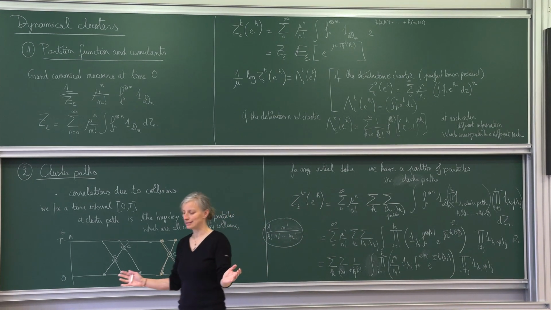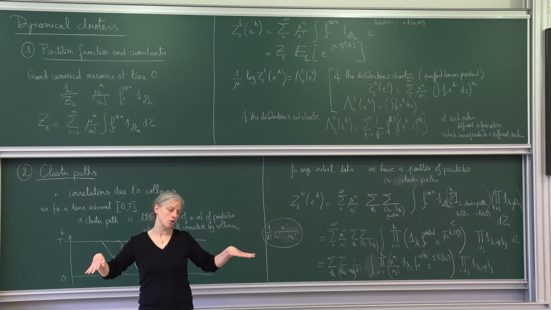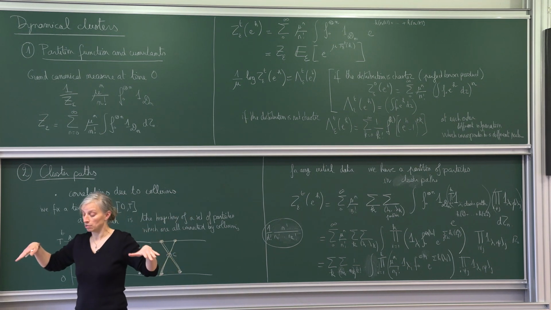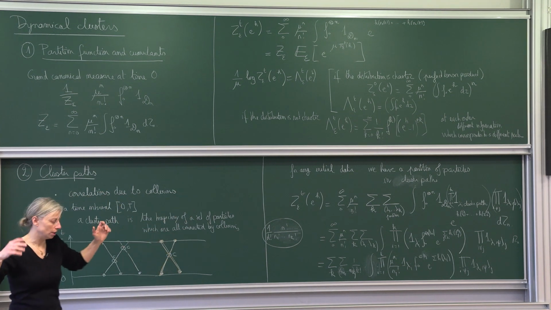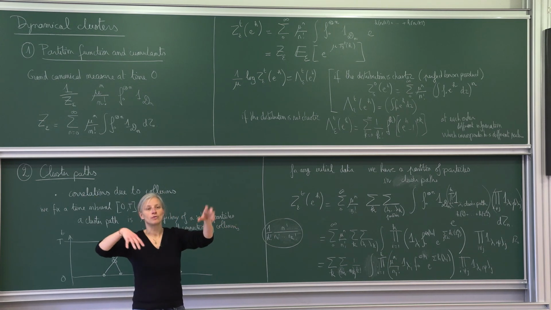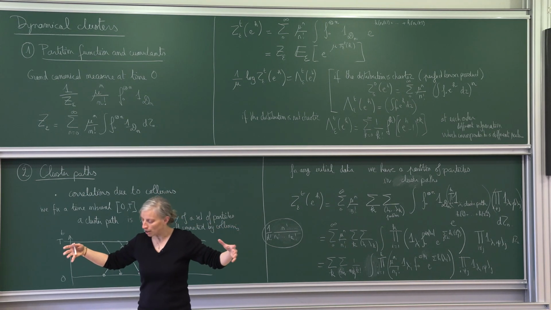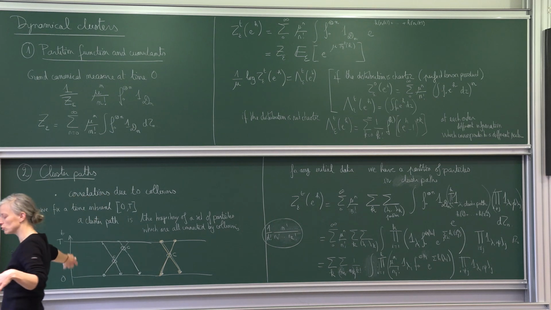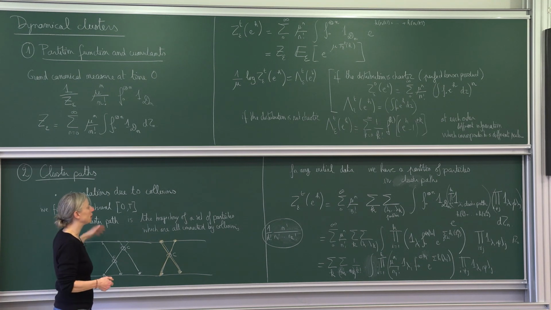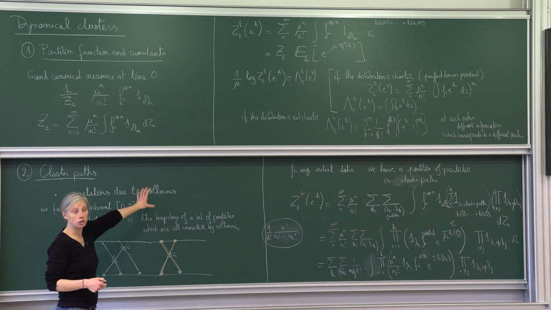So I know somehow how to deal with the static case, essentially because people did that for quite a long time. So if you have a gas of particles and you have just the exclusion, then people know how to expand the exclusion, and that's what I will do next. But now it's more complicated because of this dynamical correlation. Essentially, the only dynamical correlations are the correlations which are due to collisions.